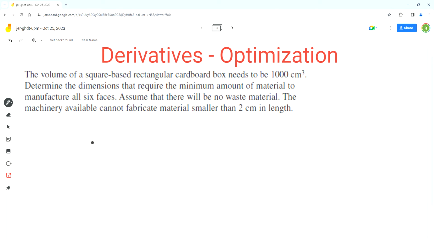So the first step is to draw a box because that will help us understand the problem visually. So we can draw a box like this.